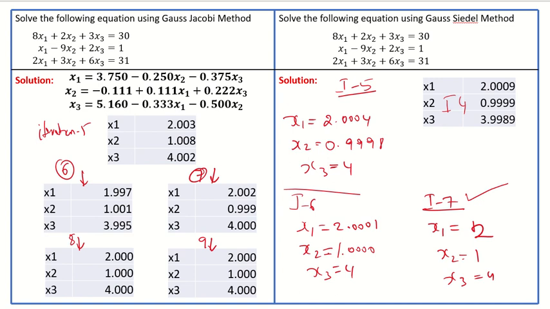Since in each step you are using the updated values of x, this Gauss Seidel method is going to converge faster. Whereas in the Gauss Jacobi method, you are updating the values after a complete iteration. In the Gauss Seidel method, after each step, you are making use of updated values of x.